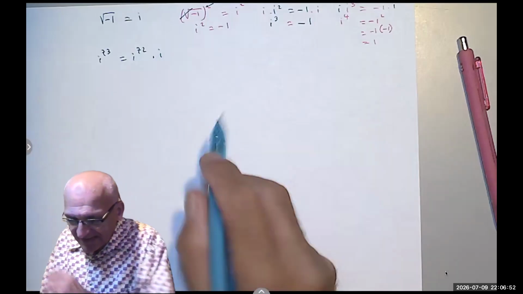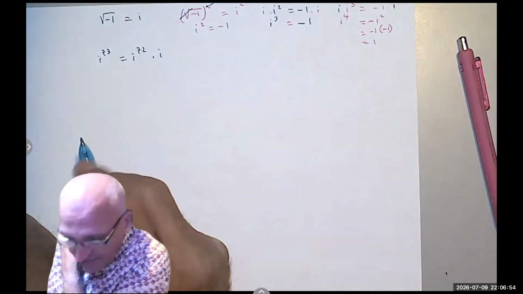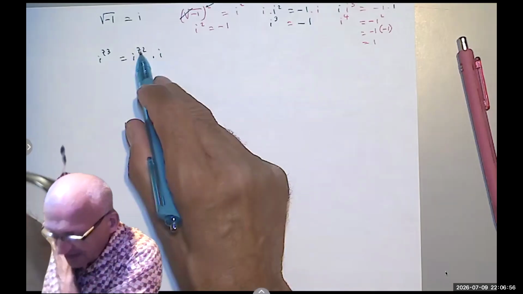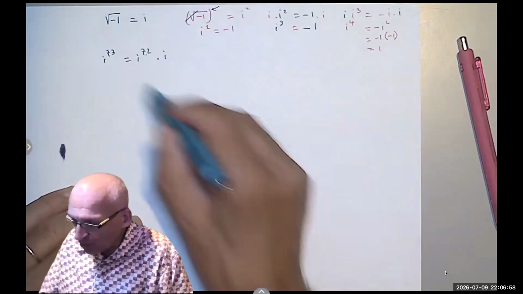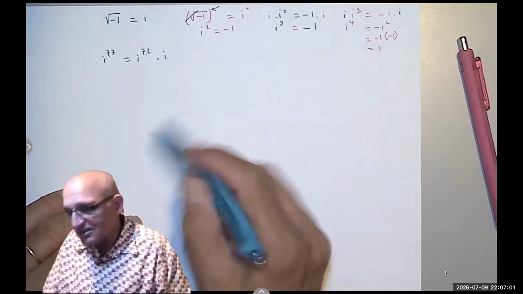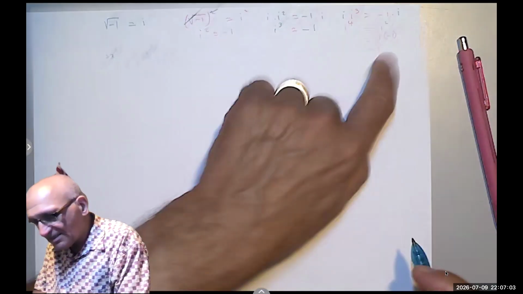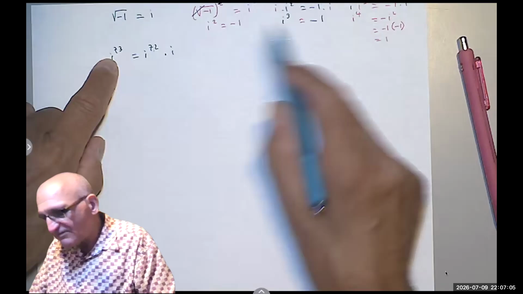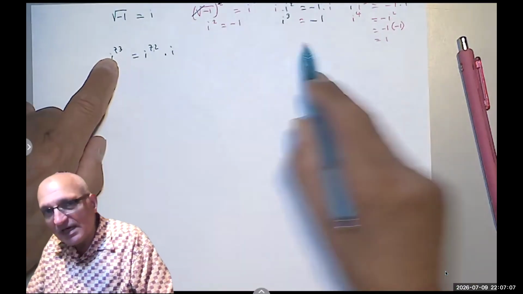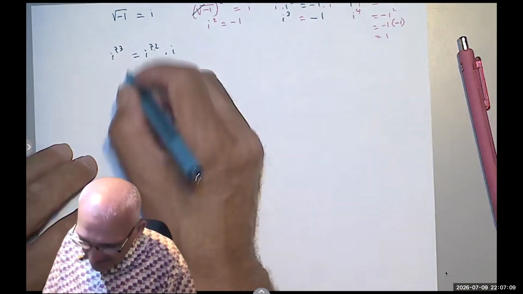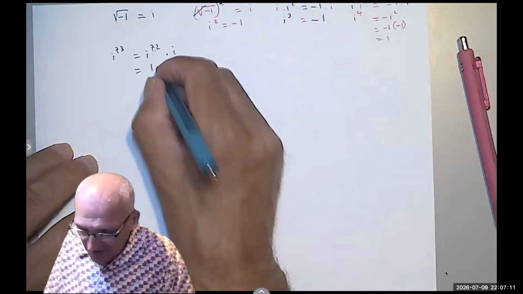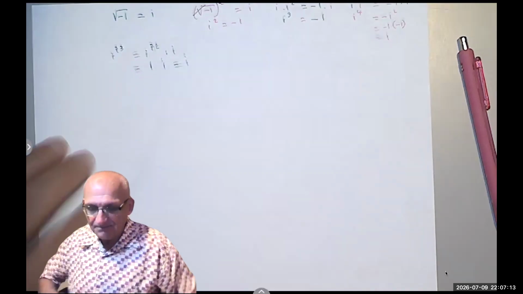So I say I raised to the power of 72, and since 72 is divisible by 4, I will go over this cycle 18 times. Multiply by I until you get 1. And then I to the fifth, 6, 7, 8. And then 9, 10, 11, 12. At the end of the day, this thing is 1 times I, so it equals I.